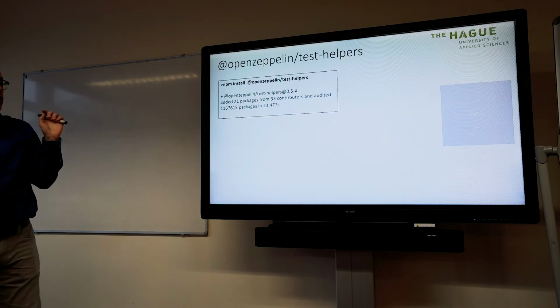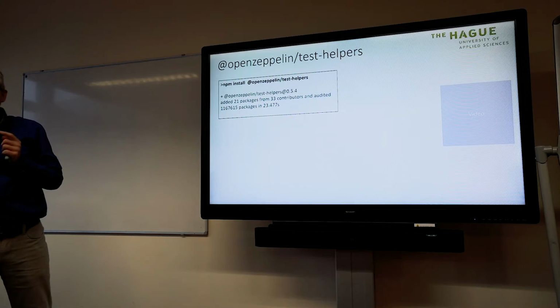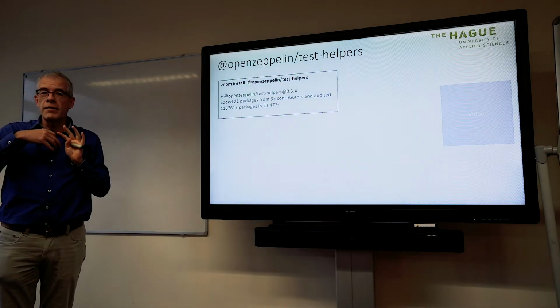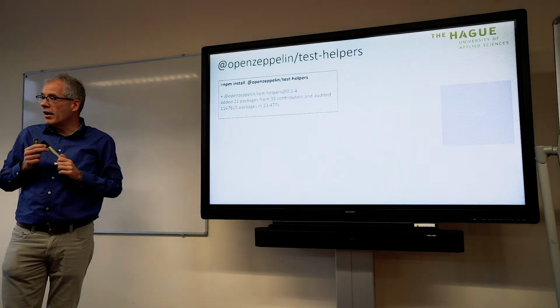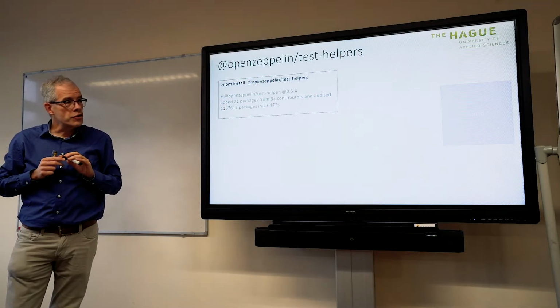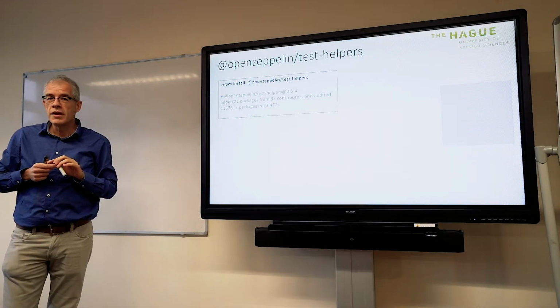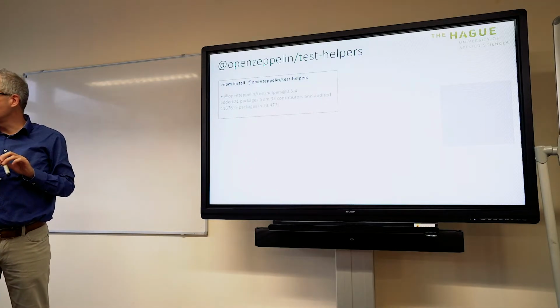Now, why do you have to know anything at all about the 1820 registry? Because suppose you want to do this on Ganache, on your local test machine, and it's going to use that registry. What would happen?